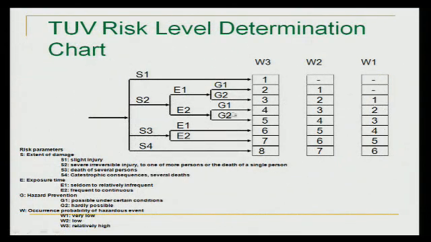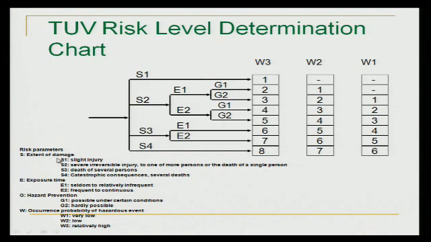And so there's an organization called TUV. It actually produces a risk determination chart like this, and it'll do this for everything from automobiles to children's toys, everything. What you do is you take the product, the car, toy, and you go through this risk determination.